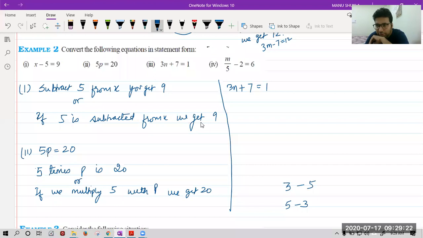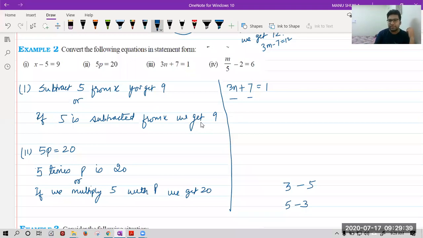Himanshi. Okay. So almost all of you are getting this. It's very simple. We have to understand 7 is getting added in 3n. First you understand from your side, 7 is adding in 3n and the answer is 1.